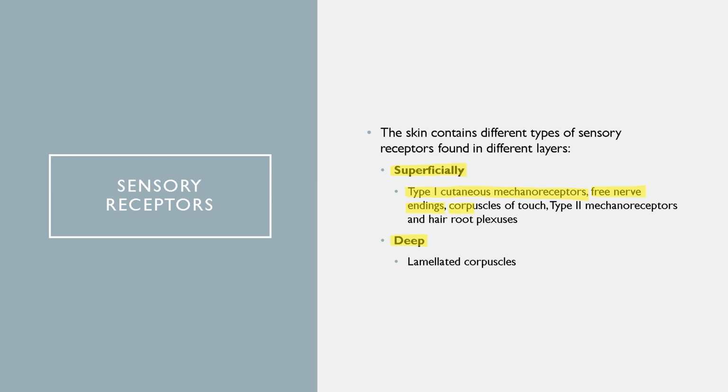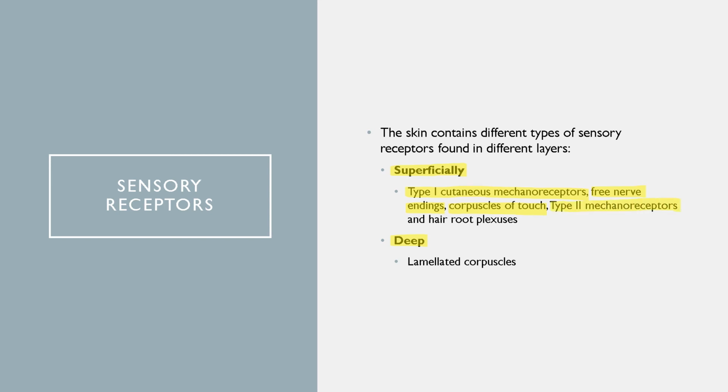We have the corpuscles of touch. These are also called Meissner's corpuscles, and they sense very fine or soft touch. They also detect pressure and slow vibration. Then we have type 2 mechanoreceptors.